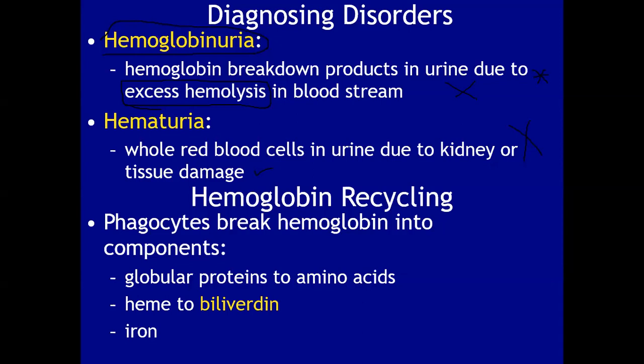So we've discussed this hemoglobin recycling, right? Biliverdin is the green substance that the heme is converted to once we take the iron off of it. All the amino acids get sent into the bloodstream, and we're just going to maintain a concentration of amino acids in the blood to handle the need to make more red blood cells.